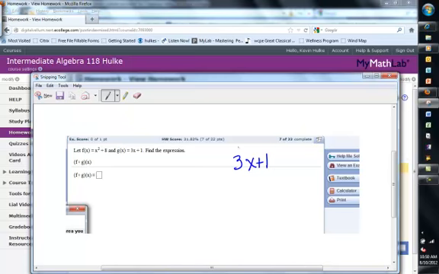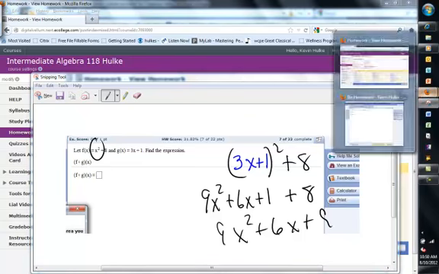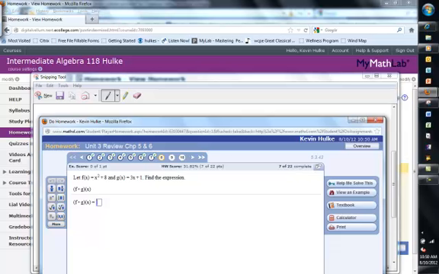So it'll be this squared, x squared, plus 8. 3x plus 1 squared is 9x squared plus 6x plus 1, plus 8 is 9x squared plus 6x plus 9.